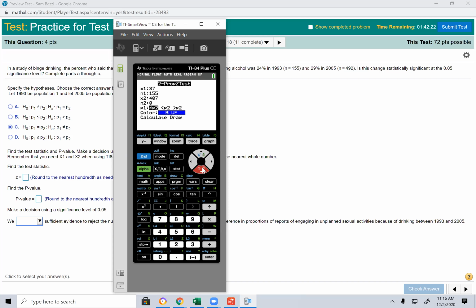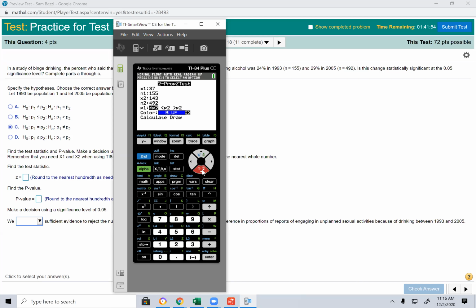Because that's the supposed number of successes. It can't be a decimal. Let's go to X2. It is 29% of 492. So 0.29 times 492. And then put 492. And since I got a decimal, guys, I'll go back and fix this one. Make it 143.